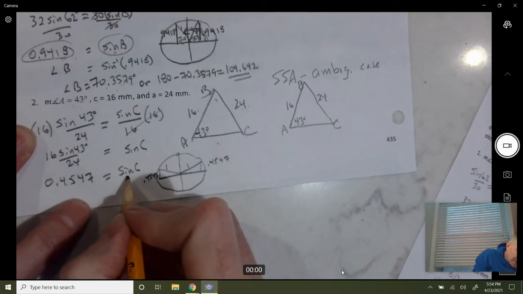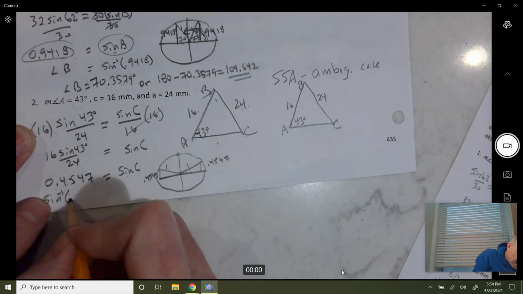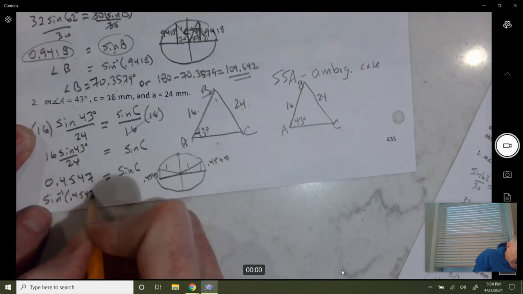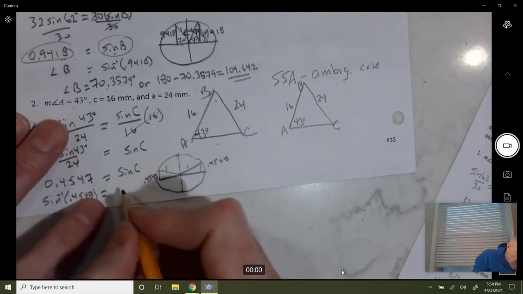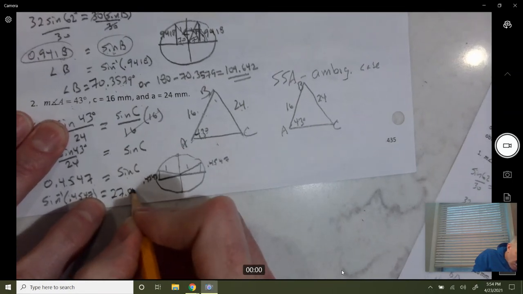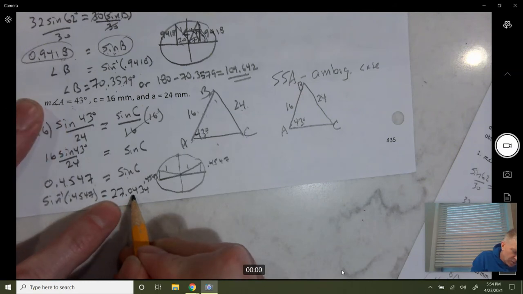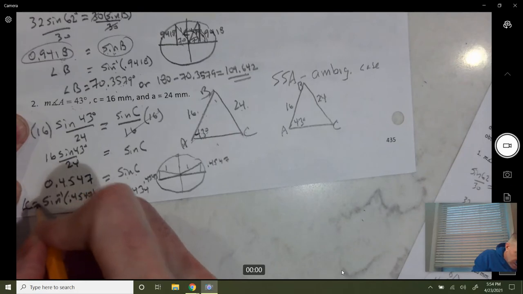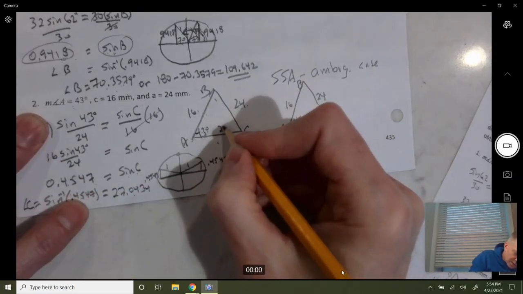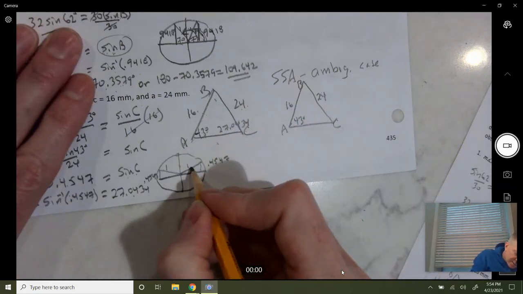So let's do sine inverse of this thing. 0.4547 equals, plugging that in your calculator, you're going to get 27.0434 for my first one. I'll put that in the first triangle for angle C. So remember, this is angle C. That's going to be 27.0434, and that's this angle right here.